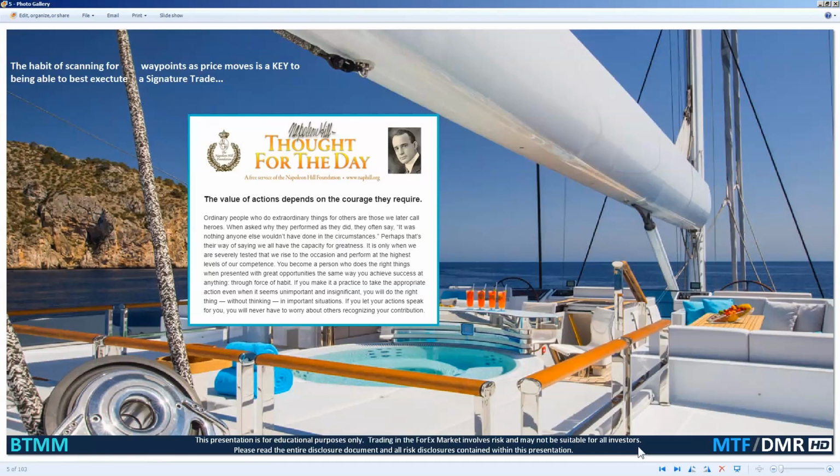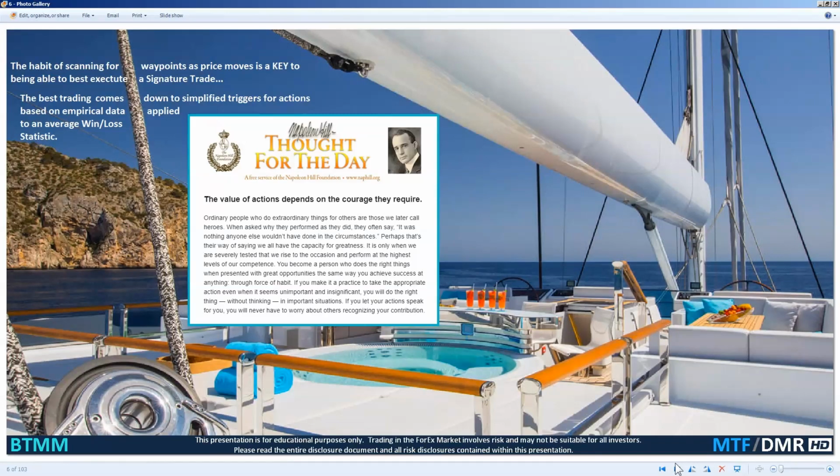If I were out on this charter boat and I didn't feel like trading this week, who would I give my trading account credentials to trade my account? It would be someone who works as a habit that follows an execution of a signature trade based on waypoints and has a habit of just locking in that progression from A, B, C, D, E, right, as the trade plays out.